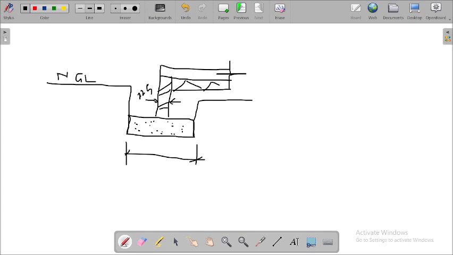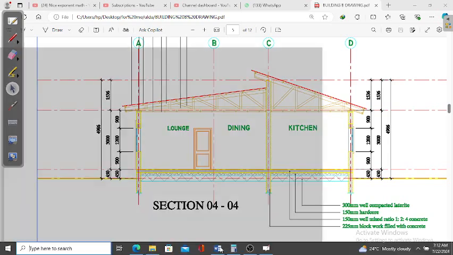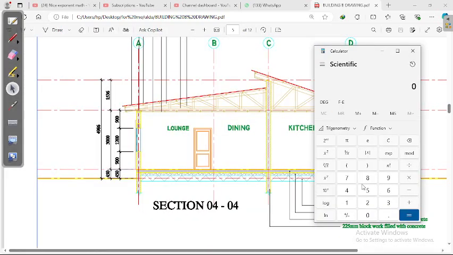225. Now if our wall is 225, remember I said in my definition that the width of the strip foundation is 3 times the thickness of the block wall. So if our block wall is 225, then definitely the width of our foundation will be 3 multiplied by 225.